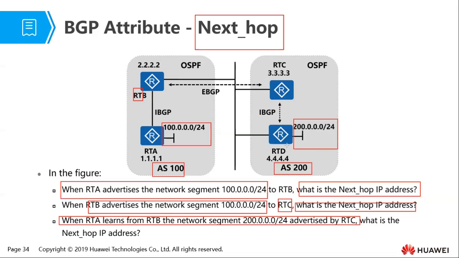When this route is advertised to RTC, RTC is going to advertise it to RTB, then RTB is going to advertise it to RTA through EBGP. So when that route is in RTA, what is going to be the next hop? That is what we want to establish here.